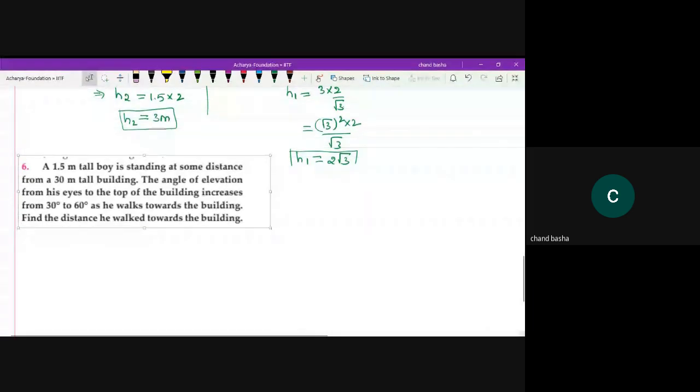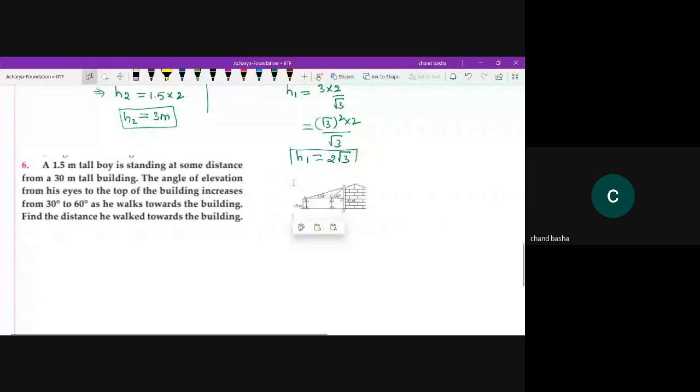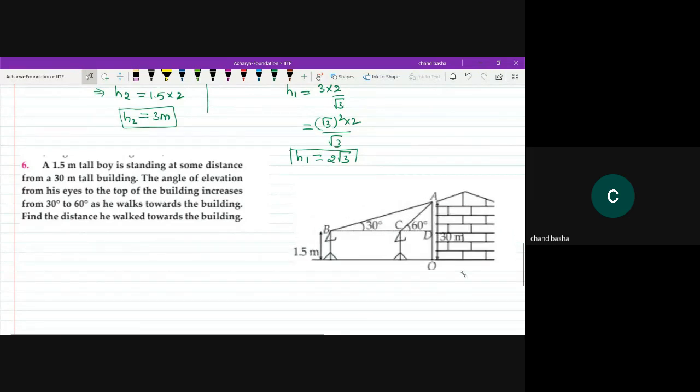We'll try to go for an approximate figure. The height of the building is given to you. Height of the building, that is OA, is given to you.